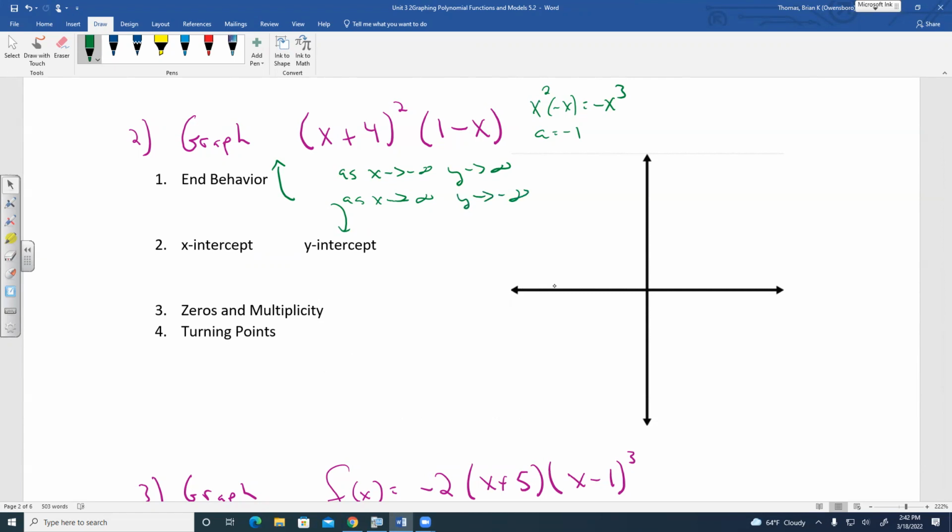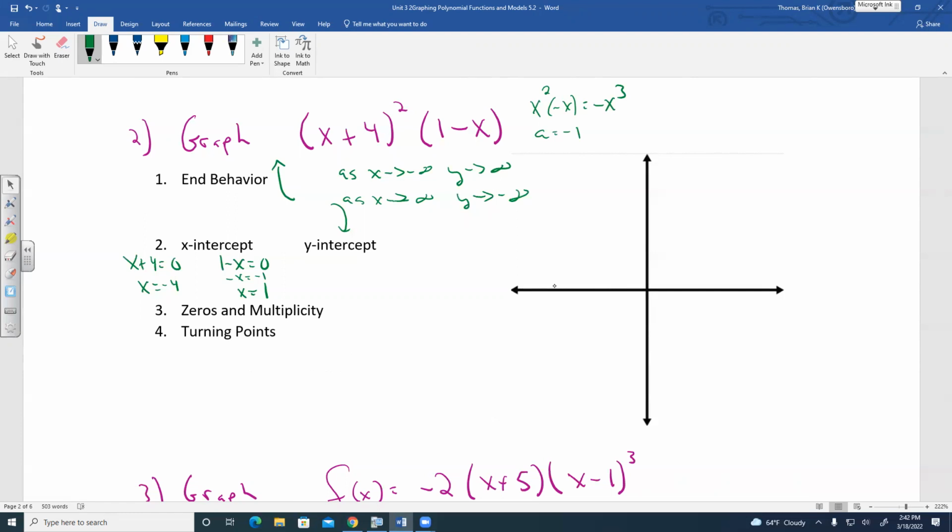So for the x-intercepts, since it's factored, we have this x plus 4 is equal to 0, and this 1 minus x is equal to 0. So x equals -4. Here I have negative x equals -1. Divide both sides by -1, the signs have to both change. So it's going to be x equals 1.